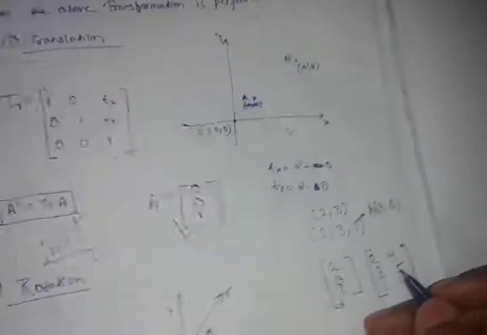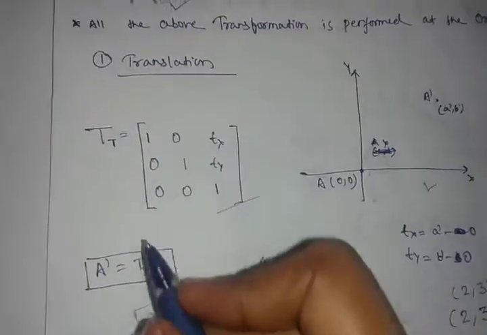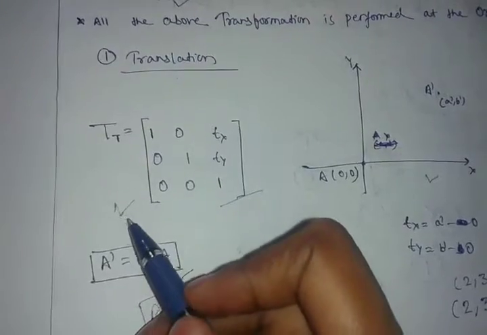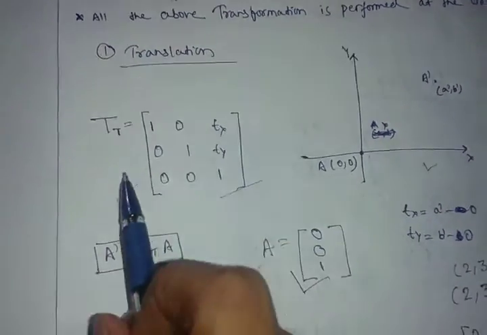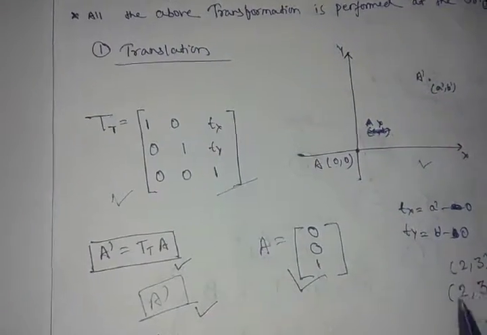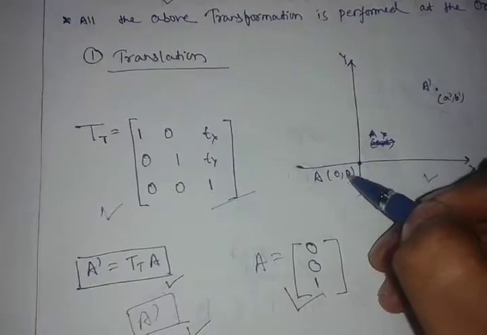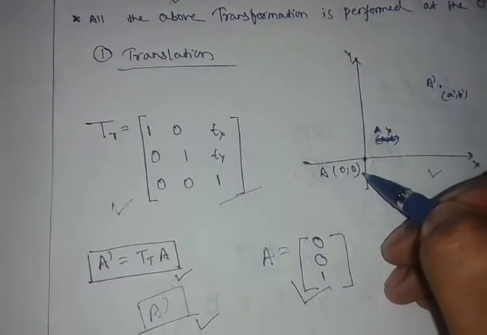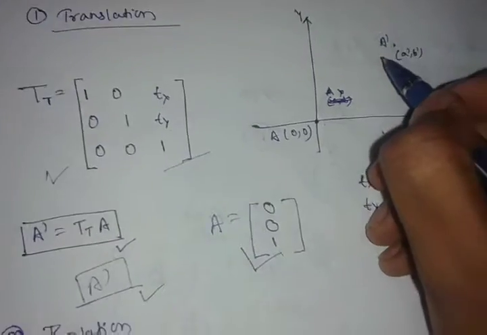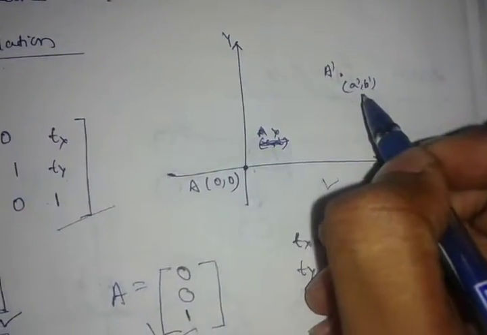Okay, so let us see the translation first. For translation, this is the translation matrix that you need to multiply with the matrix that you have calculated for the object. Suppose we have a point A situated at the origin 0, 0, and you want to translate it to the A dash position, which is A dash, B dash.